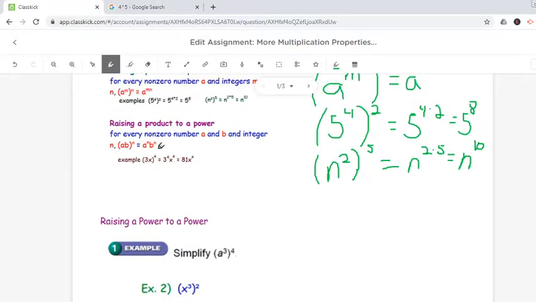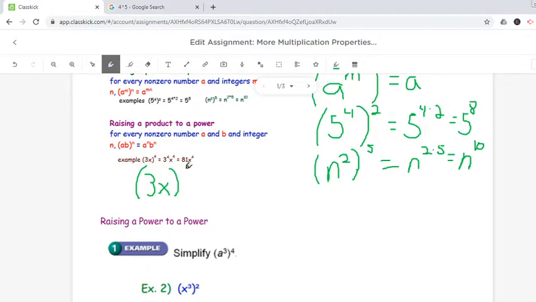And then we will also raise a product to a power. So, for example, we have 3x. So this is a product because we're multiplying these two together, 3 and x.